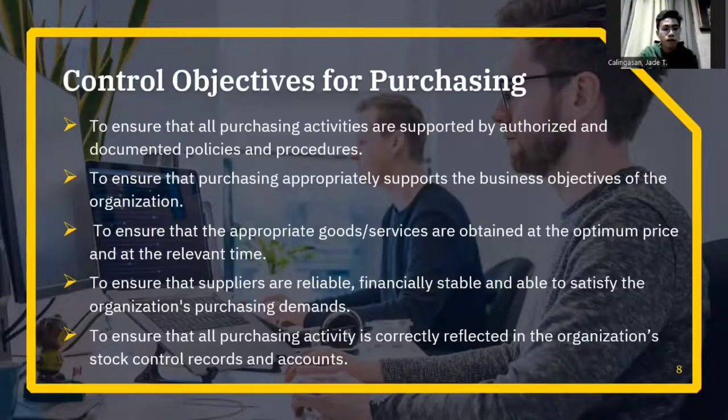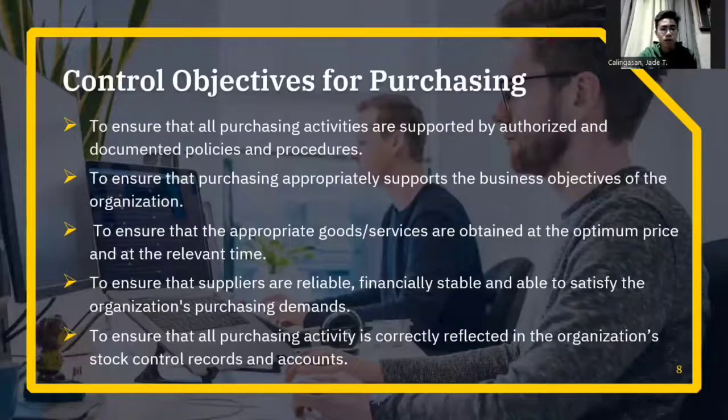And first, the control objective for purchasing is to ensure that all purchasing activities are supported by authorized and documented policies and procedures. Next is to ensure that purchasing appropriately supports the business objectives of the organization.